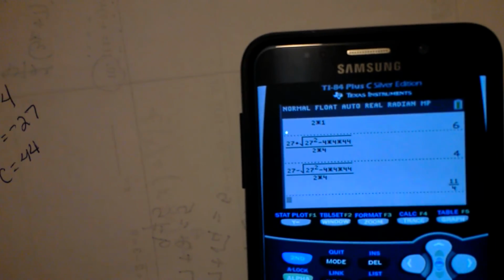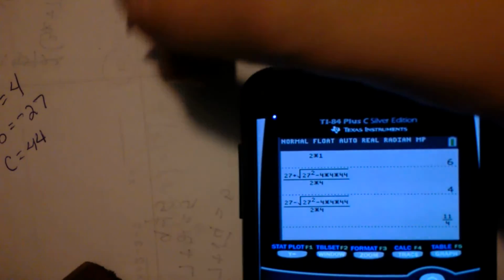I got 4. I'm going to go up and say I want the negative square root rather. So I'm going to say subtract the square root. And I get 11/4. Oops, cutting off the answers. 4 and 11/4.